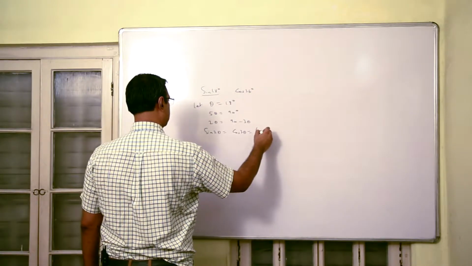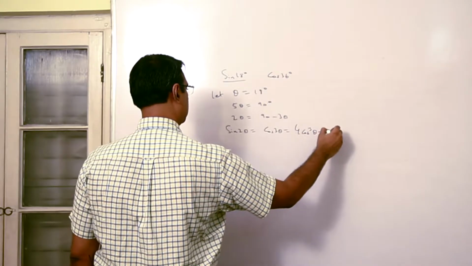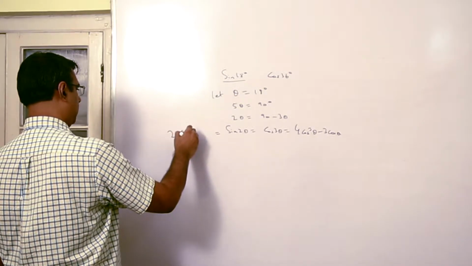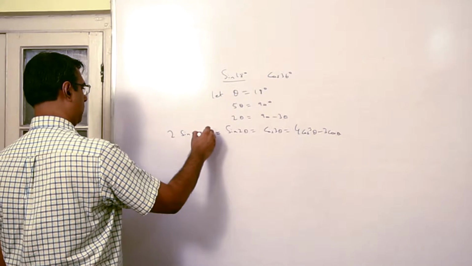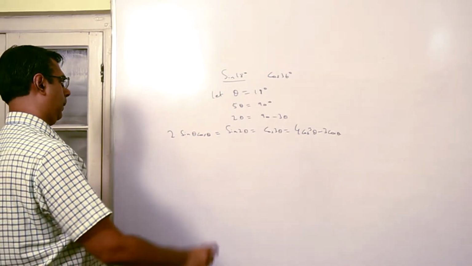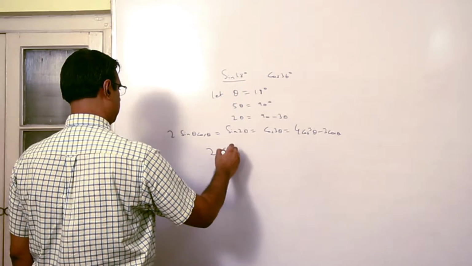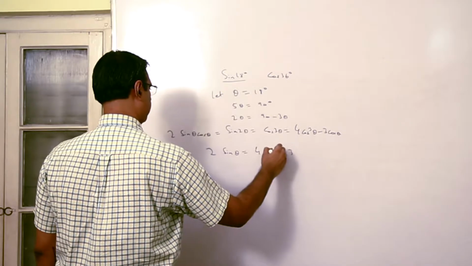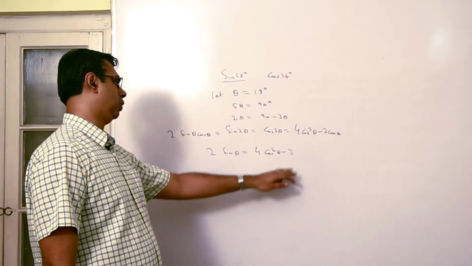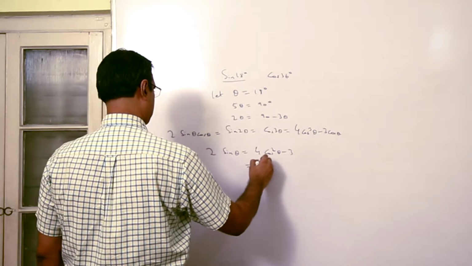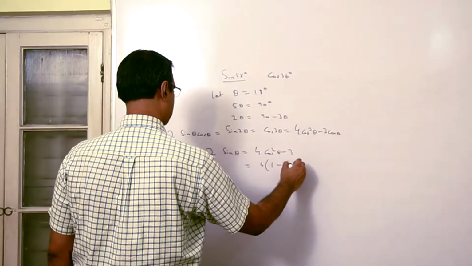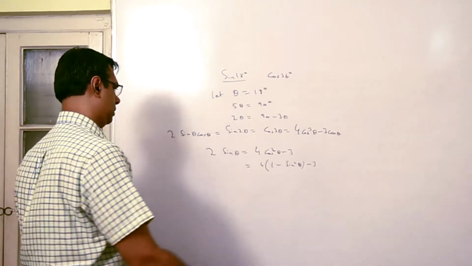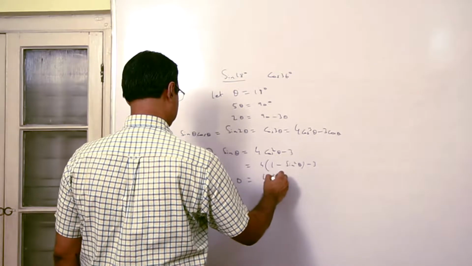Cos 3 theta can be written as 4 cos cube theta minus 3 cos theta, and sin 2 theta can be written as 2 sin theta cos theta. Now if you take cos theta common from both sides, you will get 2 sin theta is 4 cos square theta minus 3. If you write cos square theta as 1 minus sin square theta, you will get a quadratic like this.